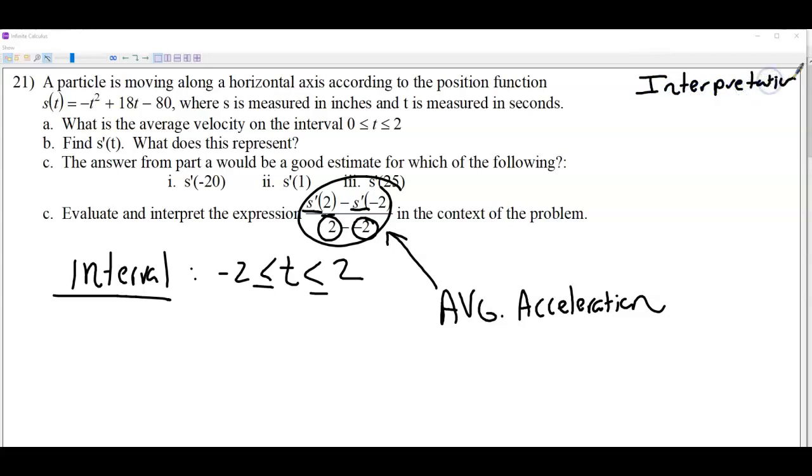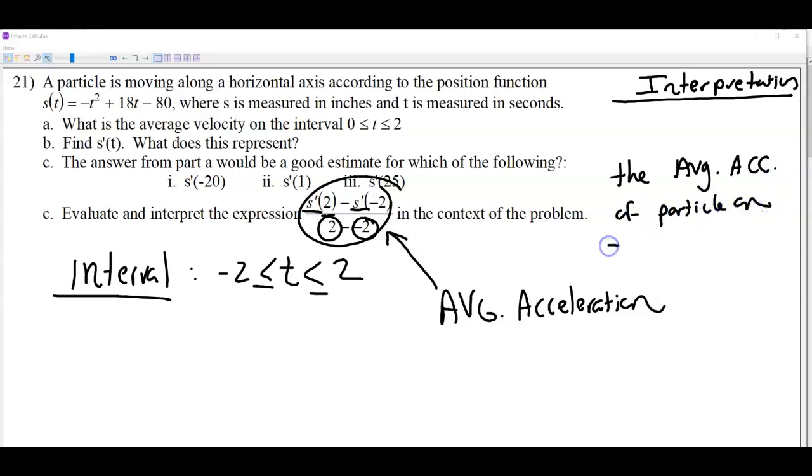Whatever the answer is, it's going to represent the average acceleration of the particle on the interval negative 2 to 2 seconds. Now remember, an interpretation should include your input units, the context, and the output units. We'll get those output units in just a minute, but for now, that's the interpretation.